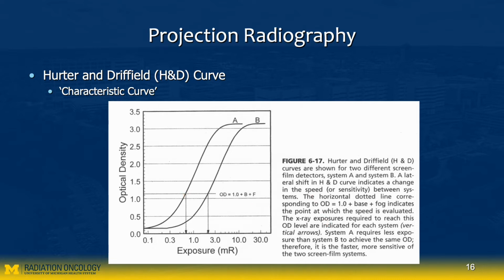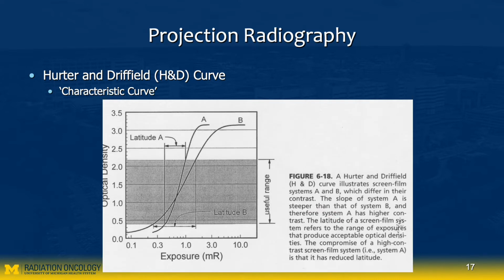So let's look at another example. In this example, you have film A and film B. You can say that film A is very sensitive and film B is less sensitive than film A. For a given exposure of say 3 mR, film A is already saturated, right?